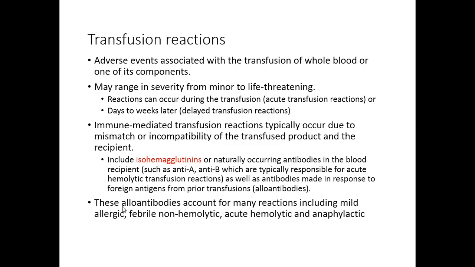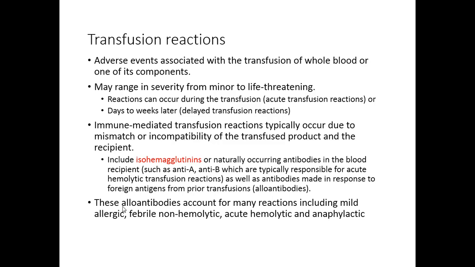Antigens and antibodies are going to bind, and it's going to be anywhere from minor reactions to life-threatening. The ones that are life-threatening are, again, based on how much is given to people before they detect an error. But ABO incompatibility is life-threatening.